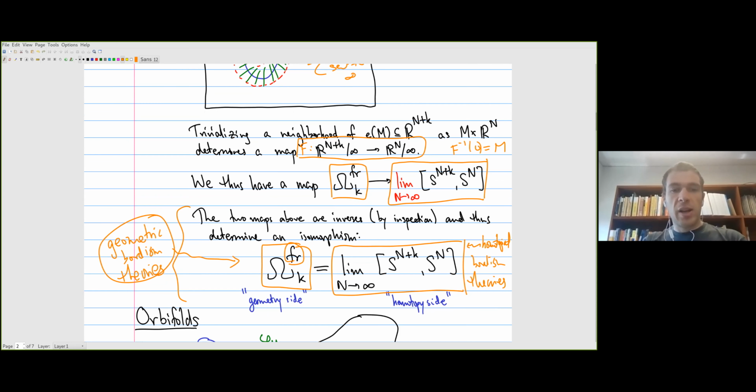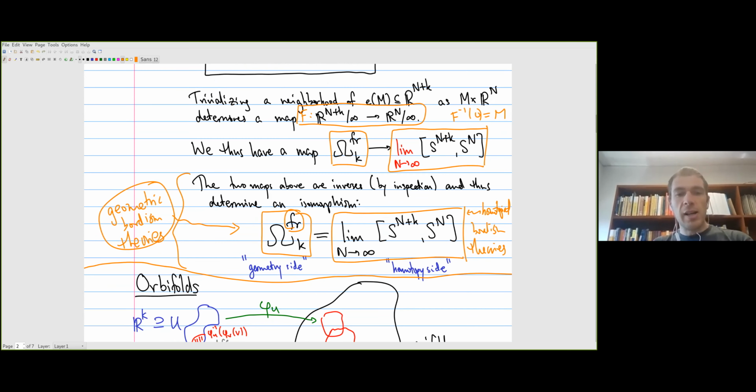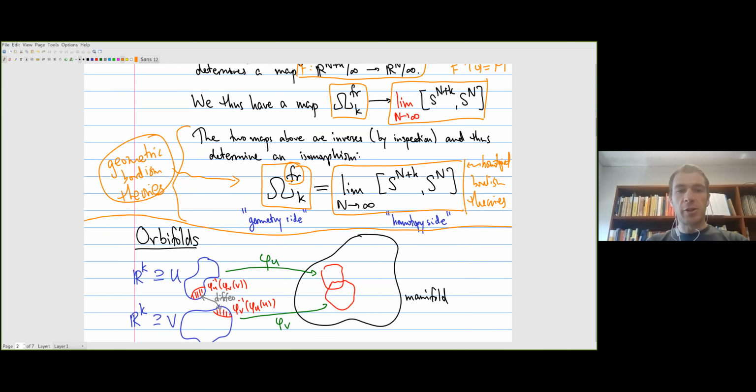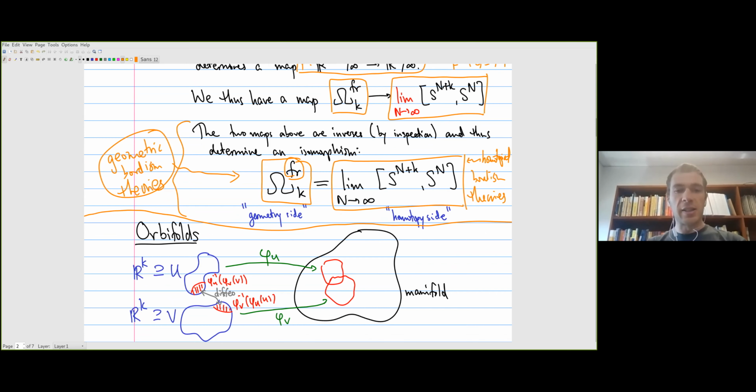Right. Okay, so let's do a quick introduction to orbifolds. So what is a manifold? It's some topological space, and it has an atlas of charts by open subsets of R^n.